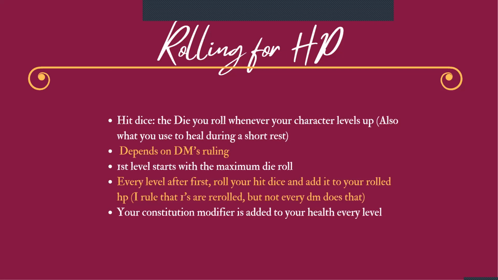Then every level afterwards, you roll your hit dice and add it to your HP, and I usually re-roll ones because ones are the worst. Whenever you level up, you also add your constitution modifier to your health every single level, hence why it's a worthy area to put more of your stats into your ability score for Con.